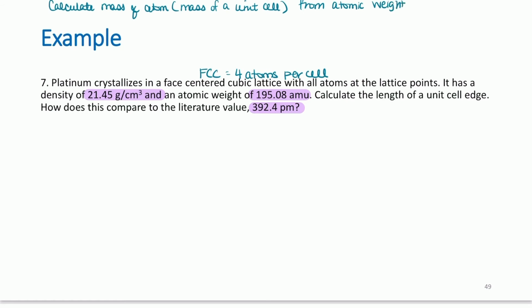I know density. And if I know that and the mass of the unit cell, I can find volume, which will lead me to L, which is the edge length.